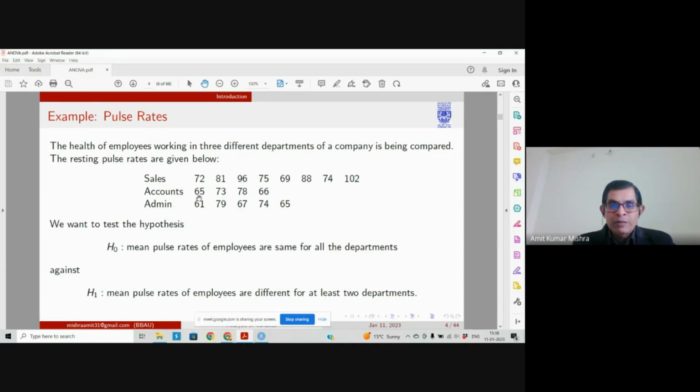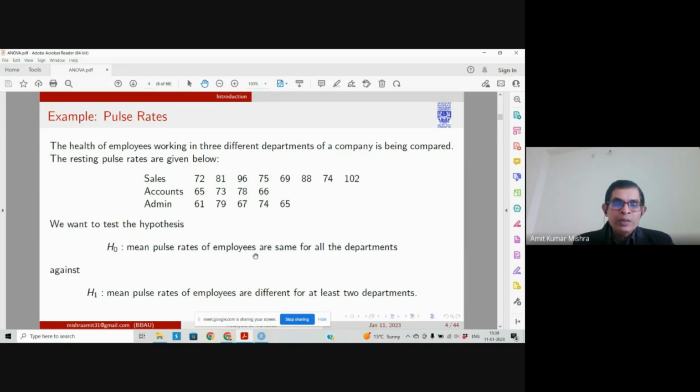In accounts, we have four, and their pulse rates are also given. In admin, we have five. Now our question is extremely simple. We want to test the null hypothesis that the mean pulse rates of employees are the same for all the departments, against the alternate hypothesis that the mean pulse rates of employees are different for at least two departments. Why does this question arise?